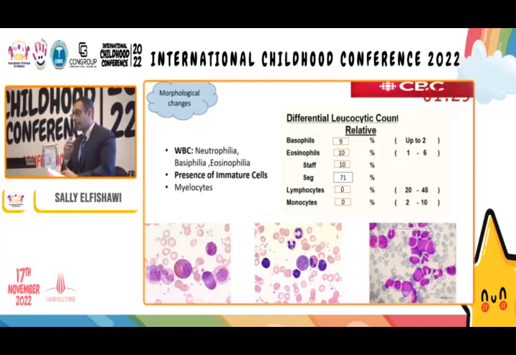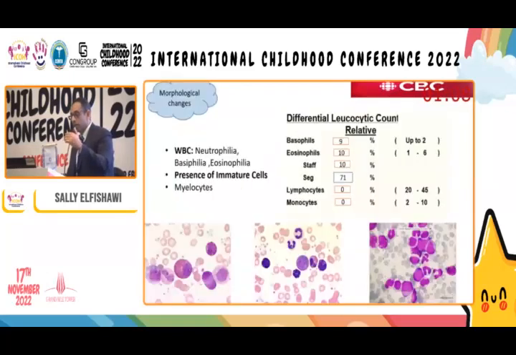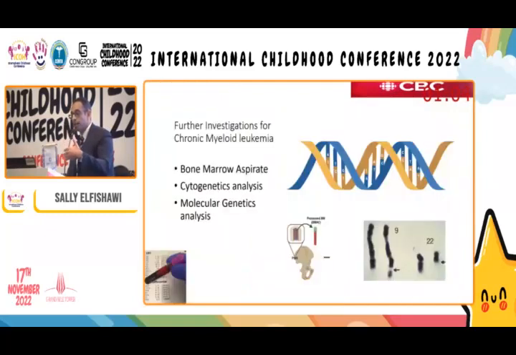I cannot know these things except with proper investigations, except with proper history for the time to know when it started, and then a proper clinical examination. This patient has splenomegaly and his white blood cells showed neutrophilia, basophilia, which denotes a chronic form of myeloid malignancy.